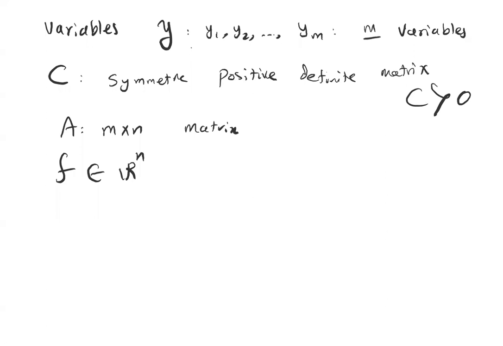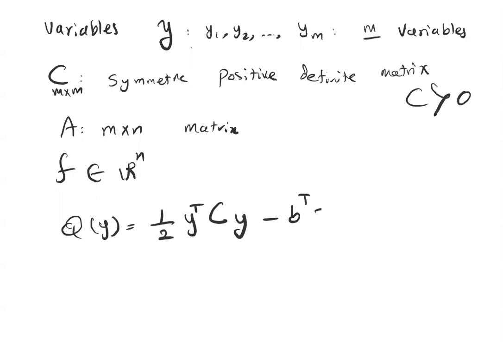So here's how we formulate the problem. Our objective function is 1 over 2 y transpose C y, where y is the vector of variables and C is an m by m matrix, minus b transpose y. B is also a vector of coefficients.